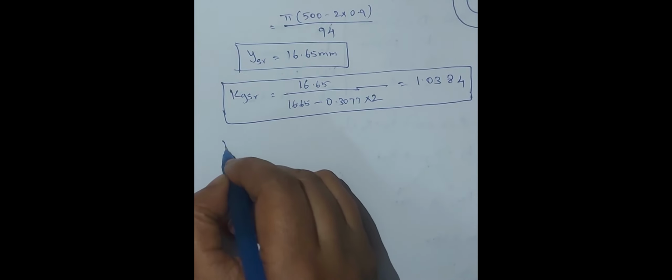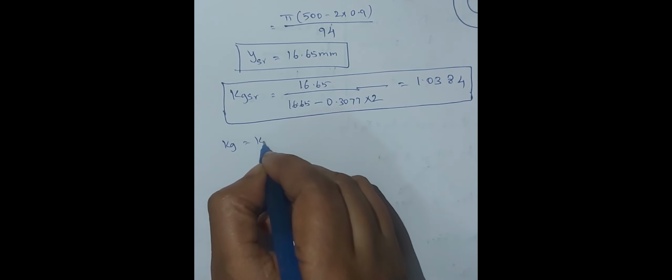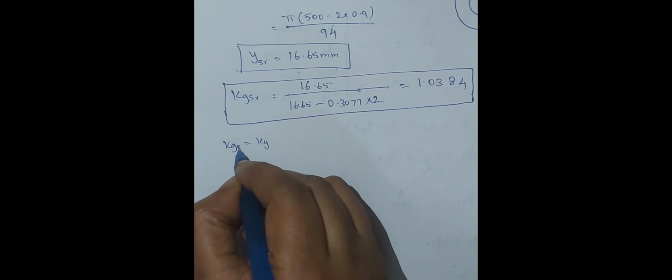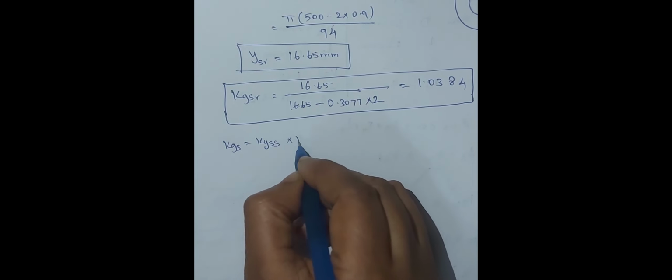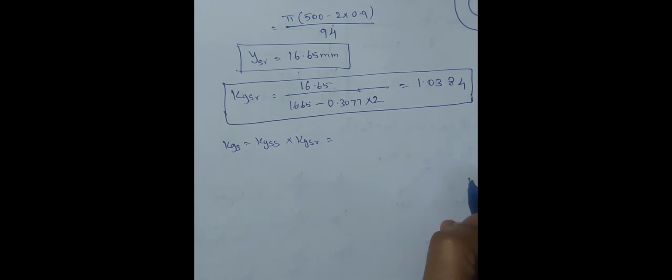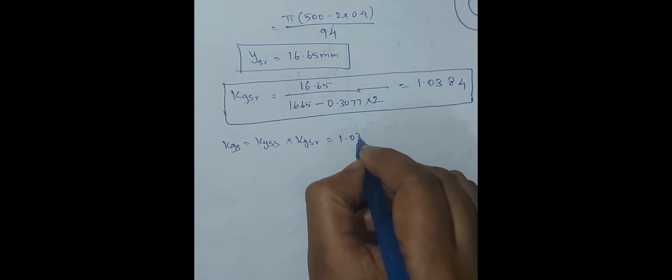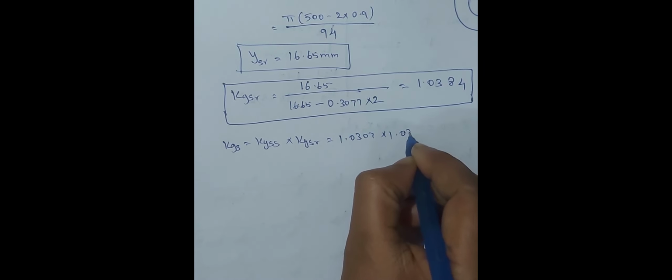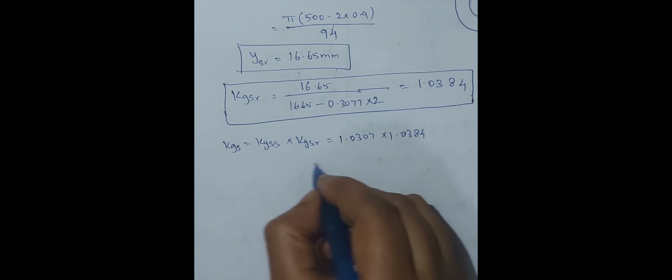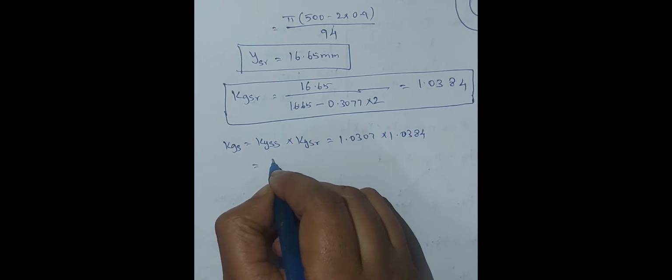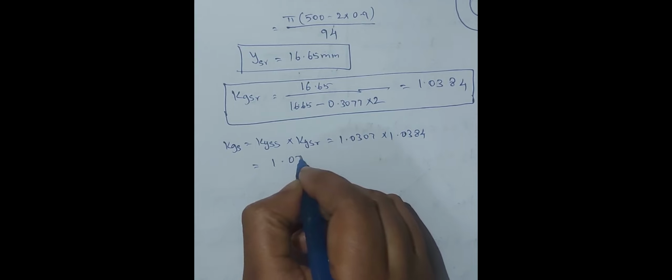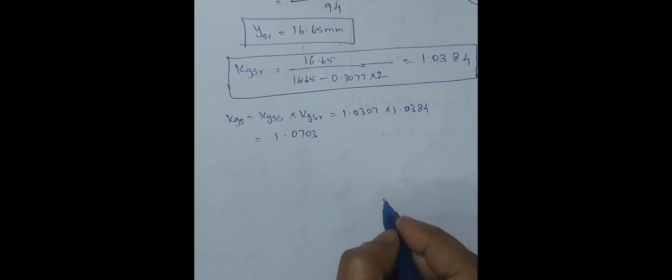Just multiplying these two will give KGS. So KGS is equal to KGSS multiplied by KGSR, which is 1.0307 into 1.0384. Always keep 4 decimal places, okay. So 1.0703 is KGS.